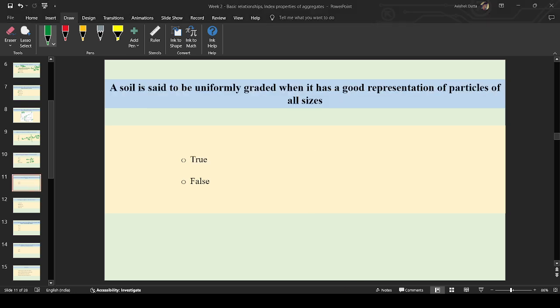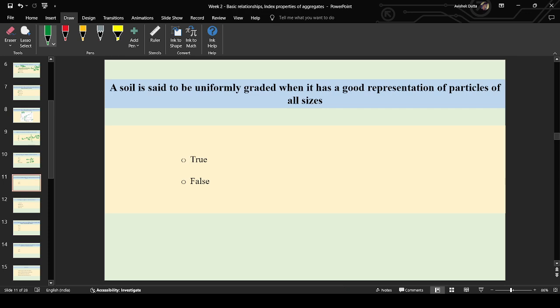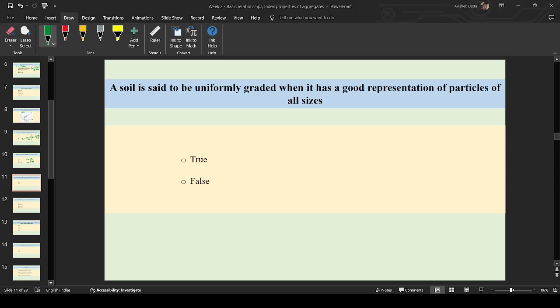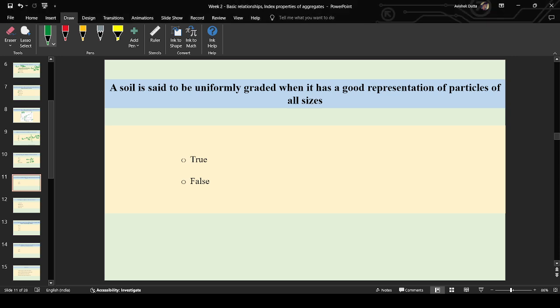Now the next question: a soil is said to be uniformly graded if it has good representation of particles of all sizes. True or false? False.